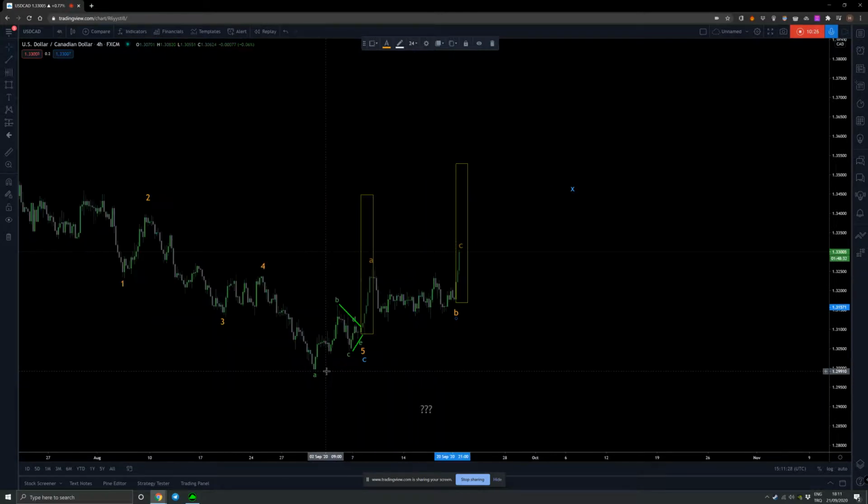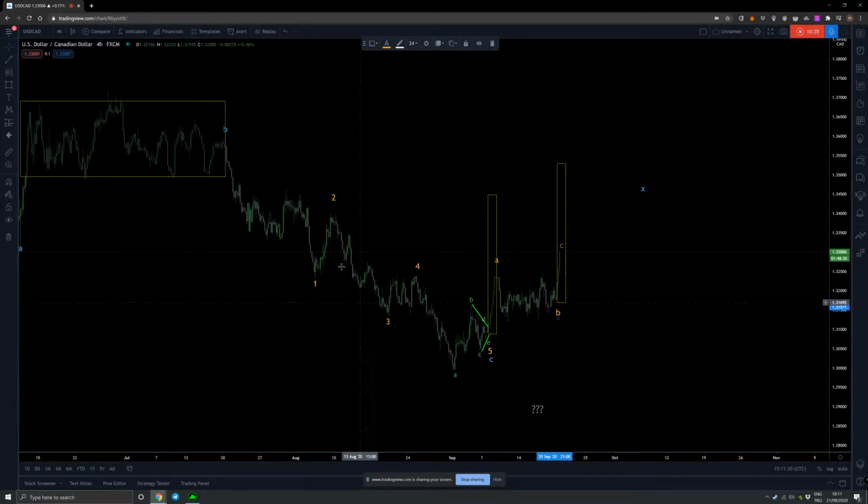Also, don't forget that all of this can be, if this is the B wave, this is the C wave. Yes, we said 1, 2, 3, 4, 5. Maybe this was only the number 1 for the C wave. So we will do number 2, number 3, number 4, number 5, and that can be the C wave as well.